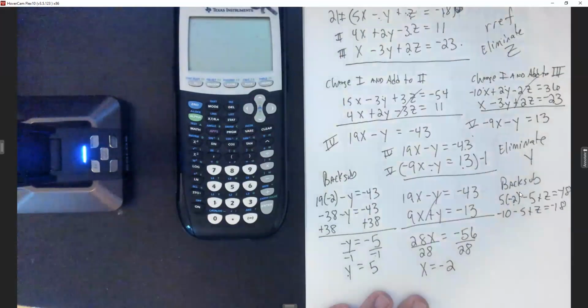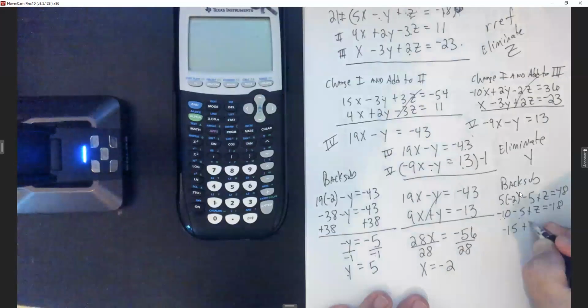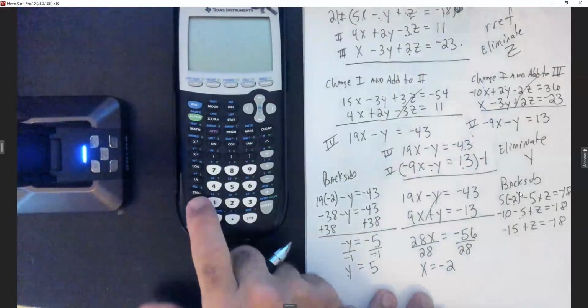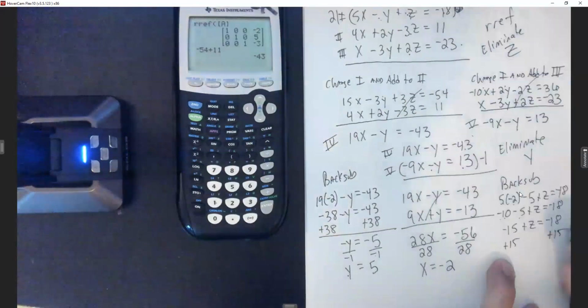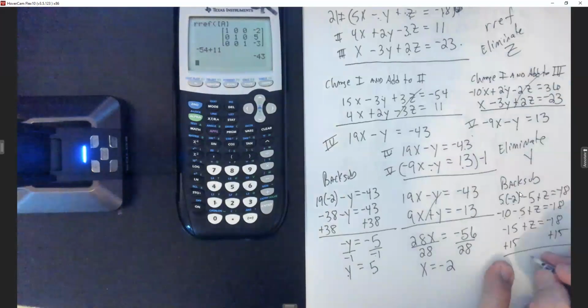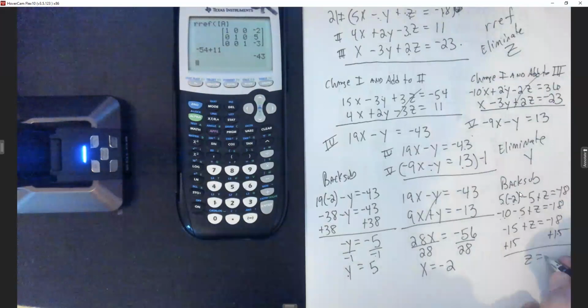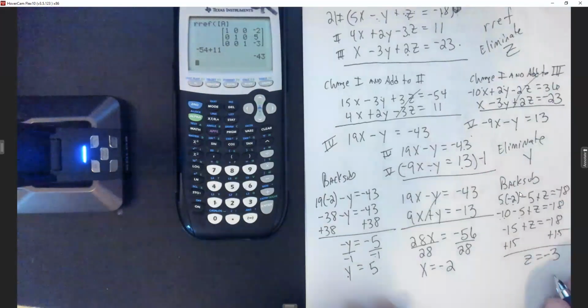Add these like terms. -10 and -5 give you -15, plus z equals -18. And then the last step, add 15 to both sides. And there you go. For z, -18 plus 15 gives me a -3, which was what we had on our calculator.